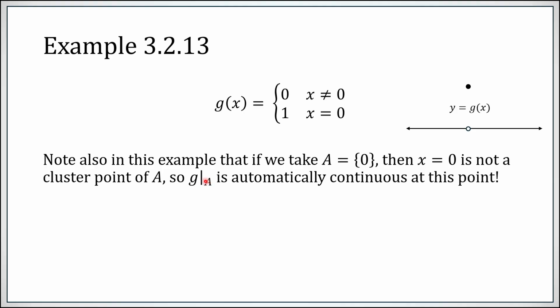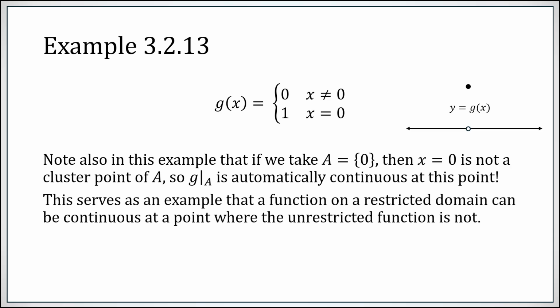So if you restrict the domain enough, you can turn this into a point of continuity. But at this point, the domain is so restricted that it's kind of silly. It does, however, remind us that a function on a restricted domain can have limits, whereas the original one didn't, which is also now manifested here as a function on a restricted domain being continuous where the unrestricted function is not.